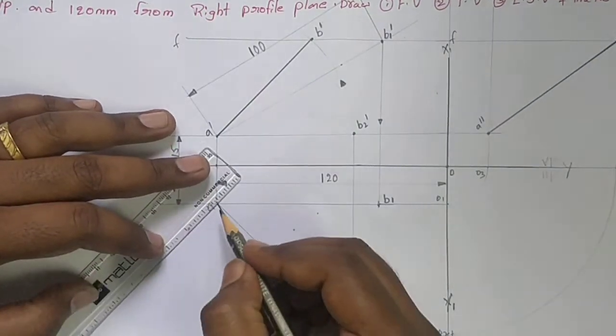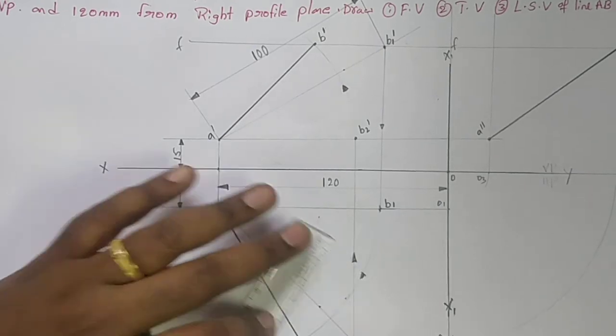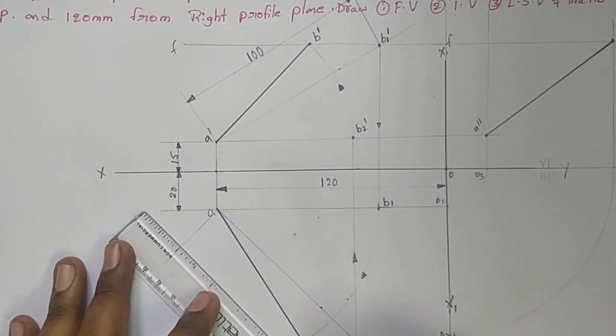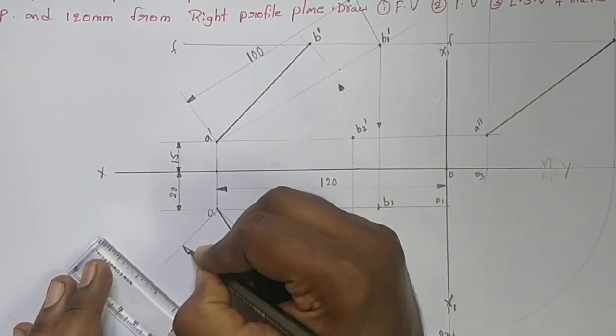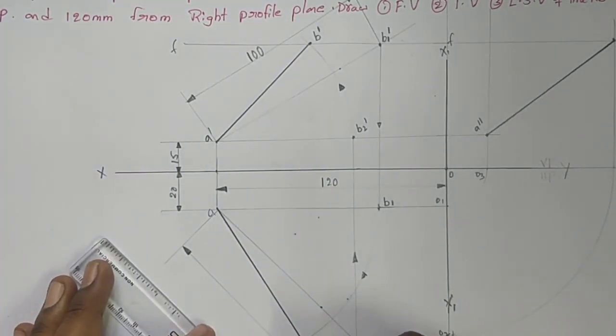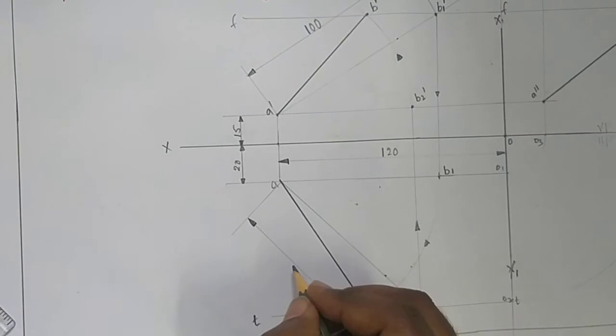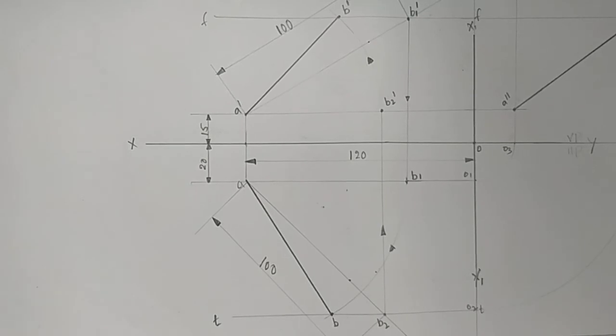Next, similarly here also it is 100 mm. Okay, like this we need to draw the front view, top view and side view of a given line.